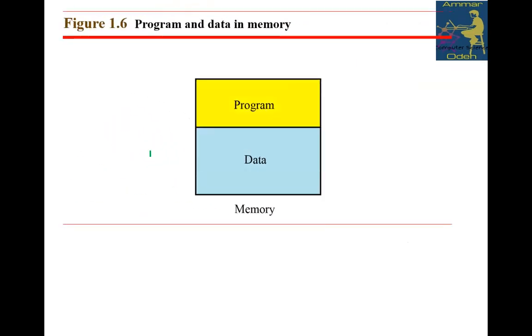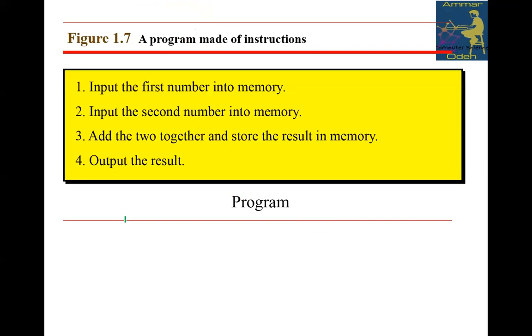So this is a representation for the memory which saves or stores data and the program, and we said the program and data are logically the same. And if we assume this kind of program, the program is a set of instructions 1, 2, 3, 4, that tells the computer what to do with the data.